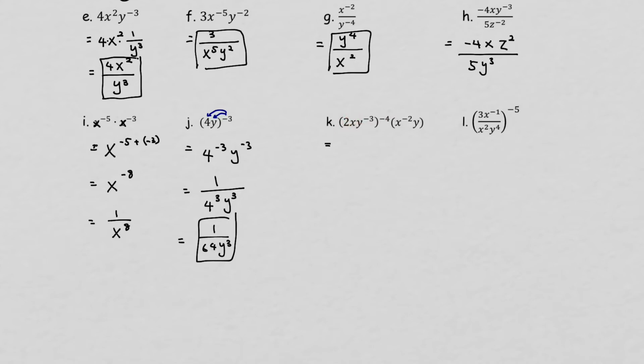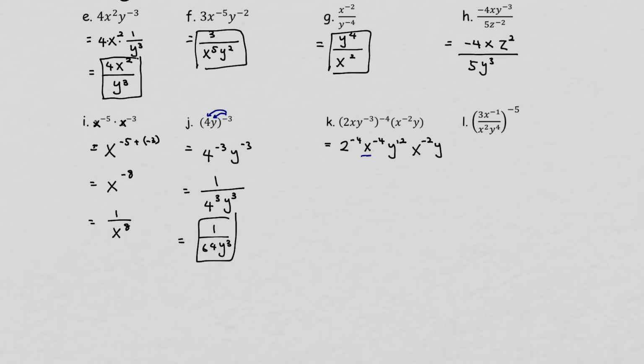And if you do that, you end up getting 2 to the negative 4th, x to the negative 4th, y, negative 3 times negative 4 will be positive 12. This parenthesis does not have any other extra exponents to distribute, so just open the parenthesis. You get x to the negative square y.